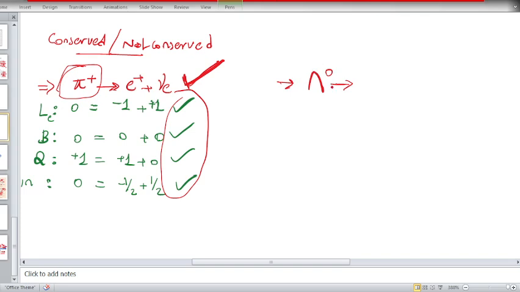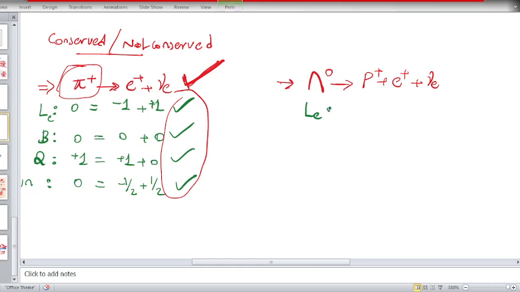Okay. So if you consider lambda zero, in this case lambda zero becoming a proton plus an electron plus an electron neutrino, you can check the different conservation laws. Let's take the conservation law for leptons.